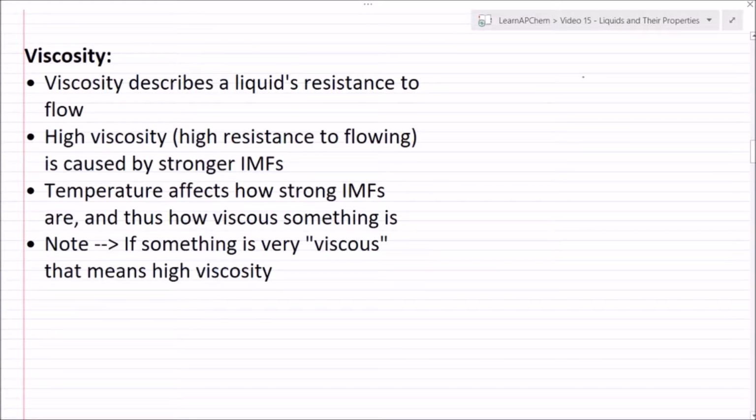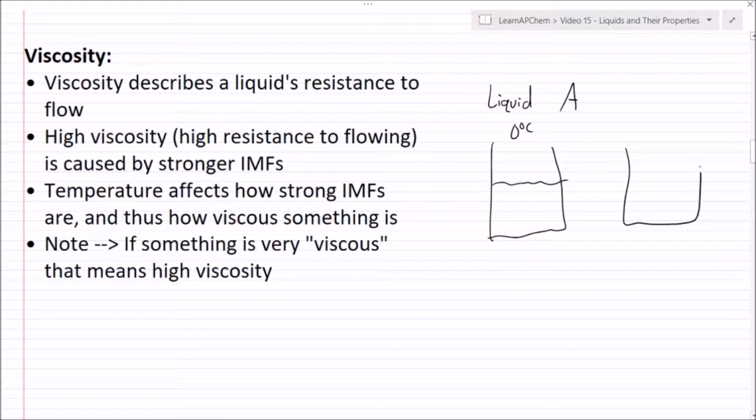Temperature is going to affect how strong our IMFs are, and thus how viscous something is. So if I have, say, liquid A, and this one is at 0 degrees Celsius, and this one is at, we'll say, 100 degrees Celsius, this one is going to be much more viscous because our temperature is lower, meaning that the atoms are closer together, and thus our IMFs are stronger, while in this one the opposite is true.